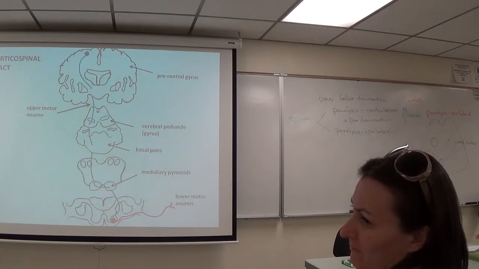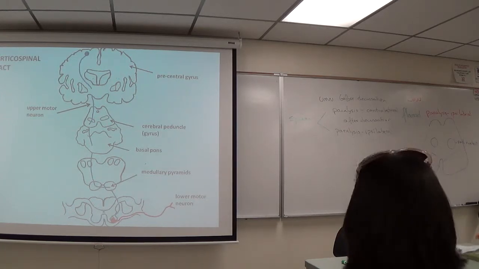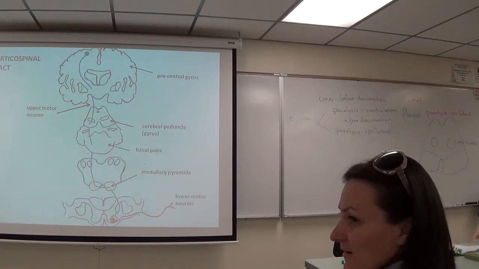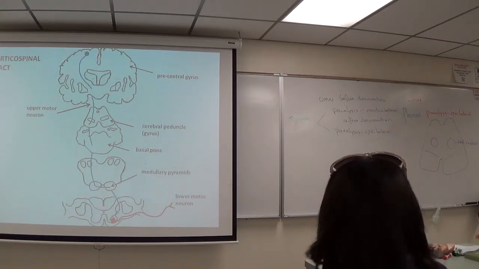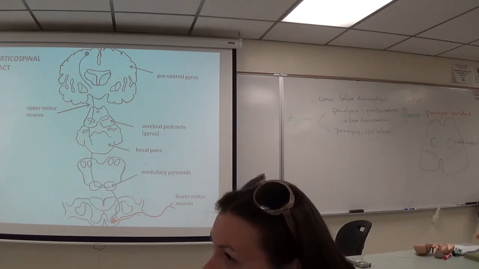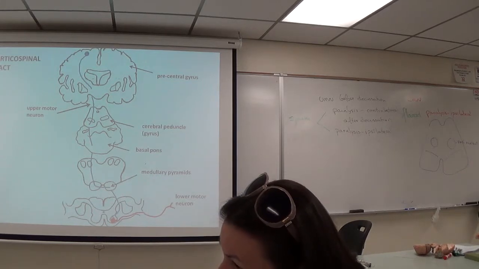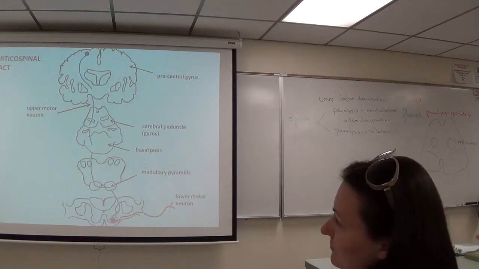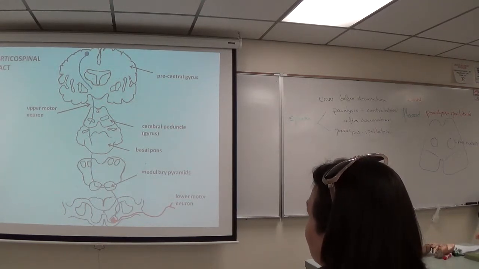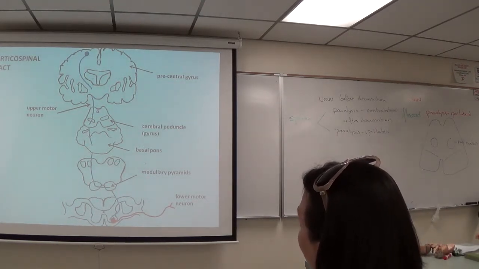So all the neurons are there, all the structures are there, all the pathways are there. If you can't remember a word, just turn the page and all the words that you would possibly use would be on that list. Okay? Since we're finishing the pathways today, the homework for Thursday is just answering these types of questions.